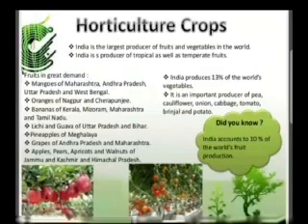India produces about 30% of the world's vegetables. It is an important producer of pea, cauliflower, cabbage, onion, tomato, brinjal and potato. Most fruits produced in India are apple, mango, banana, grapes, orange, lychee, guava, etc.